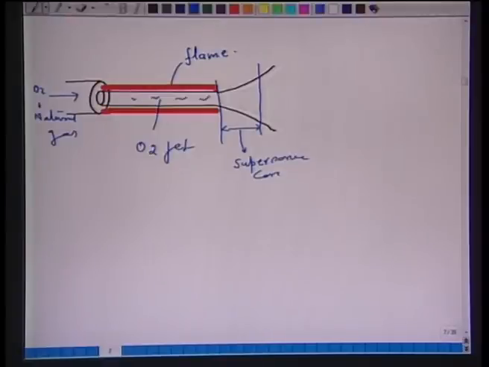That means if now I put my steel bath somewhere here, that means I hit the steel bath with this particular jet, then what will happen? The jet will penetrate deep into the bath. On account of that, I can carry out carbon oxidation.